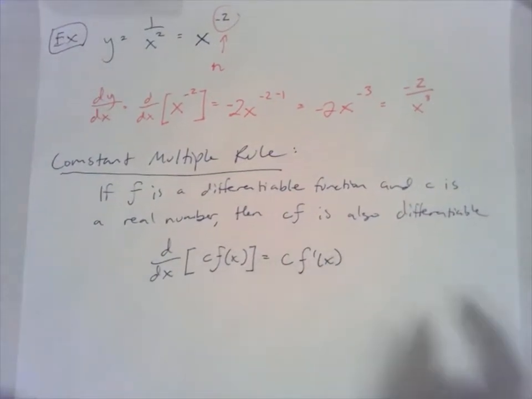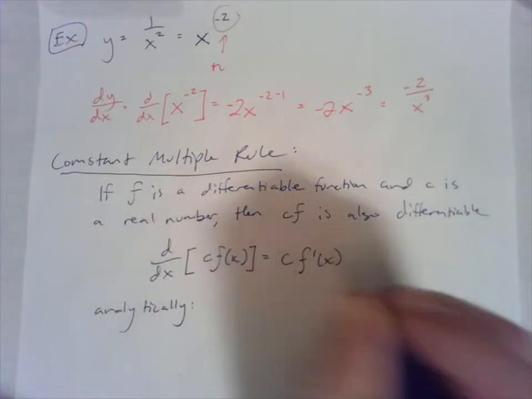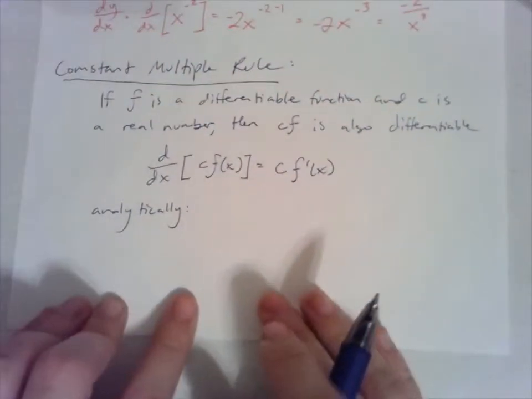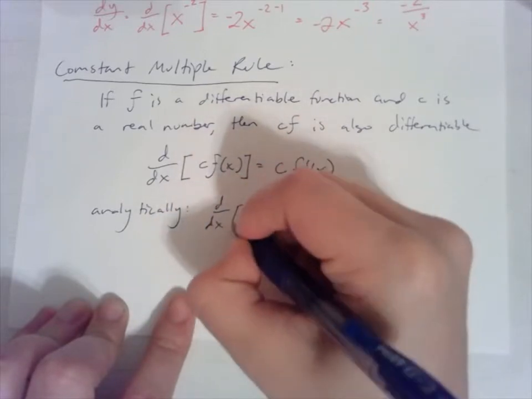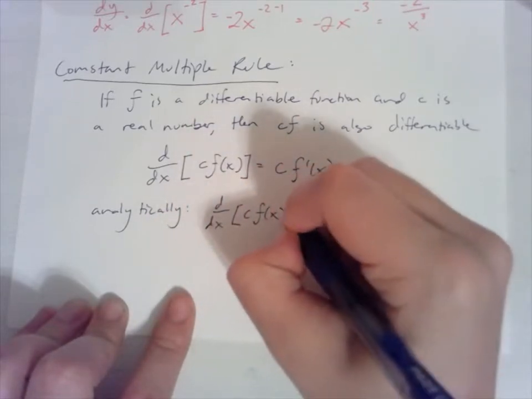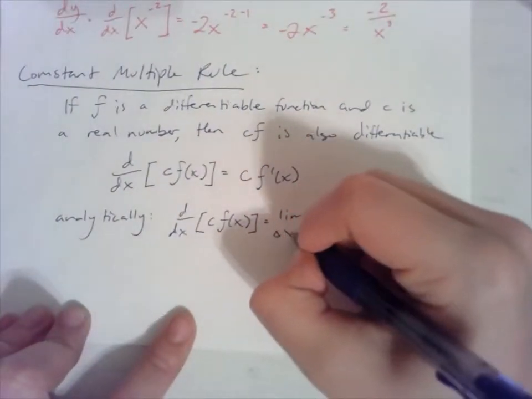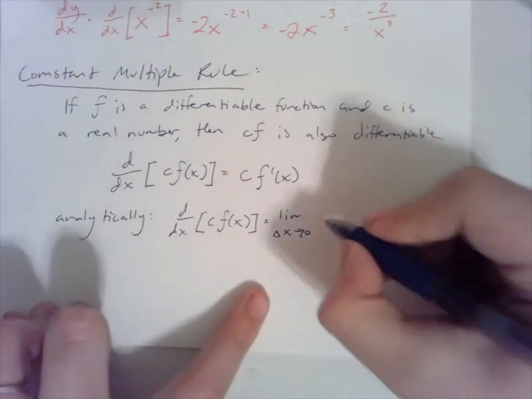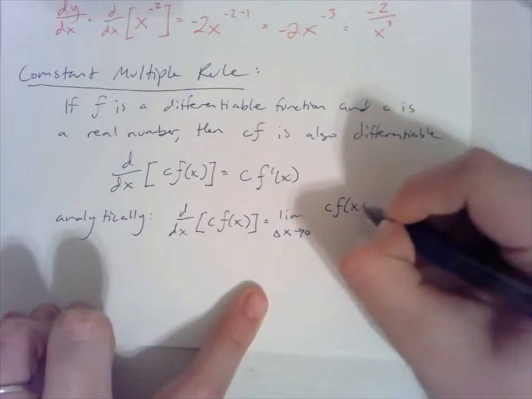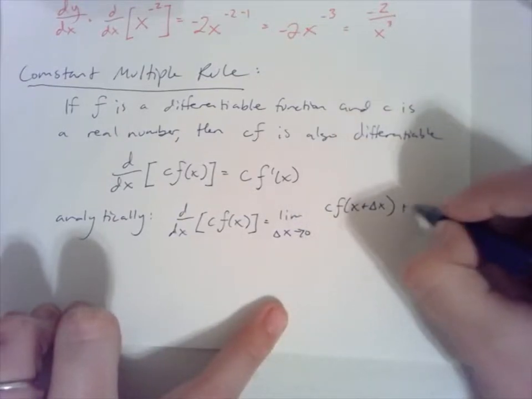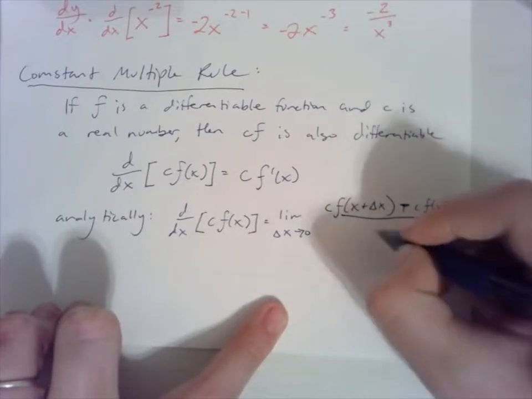And that makes sense because if we look at the proof of this from the limit process, what we've got going on is the d dx of c times our f of x, and we say that's the limit as the change of x approaches 0, and we'd have c times f of x plus change of x minus c times f of x all over change of x.